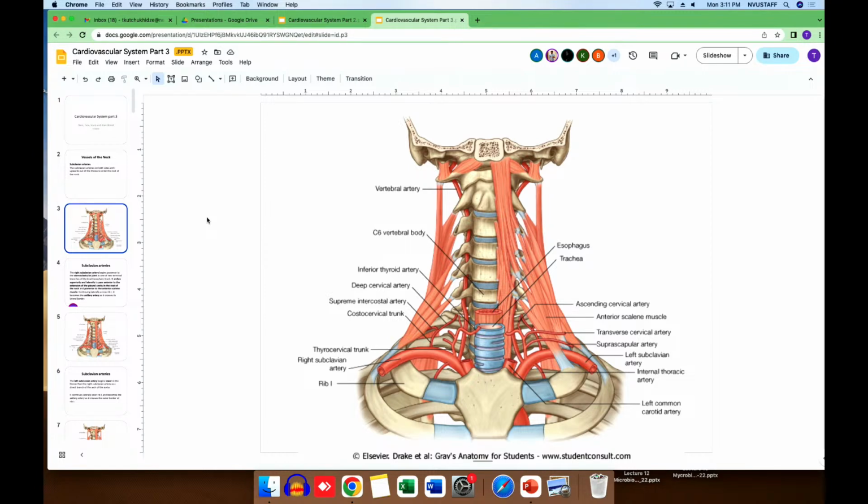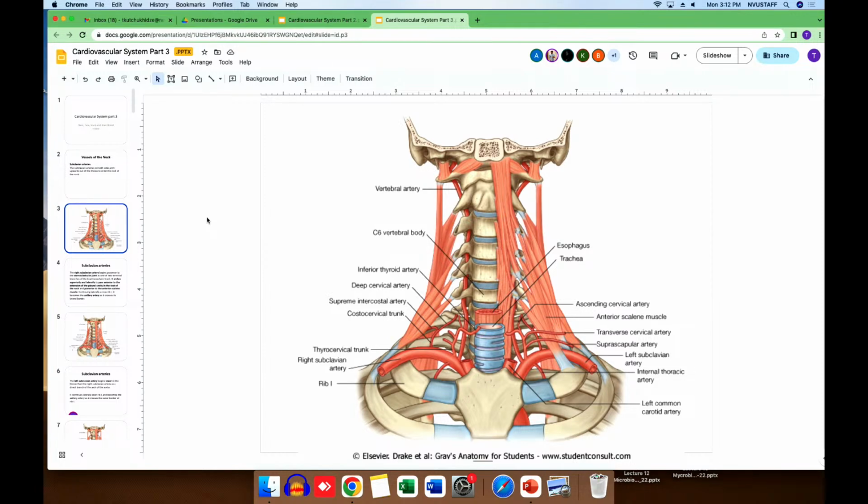Continuing laterally, crossing rib number 1, it becomes the axillary artery afterwards, as it crosses its lateral border. So as you see here, our right subclavian artery continues as the axillary artery afterwards, right? We've talked about the right one.